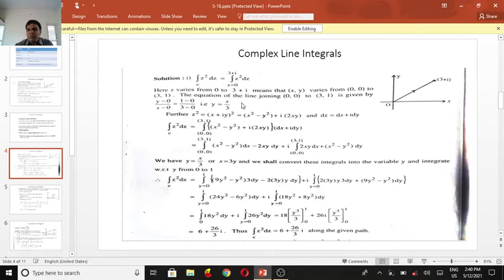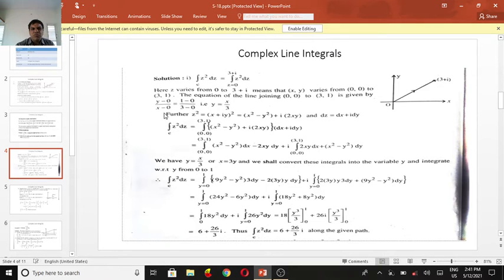Now we make the equation of the straight line using the two points (x1, y1) and (x2, y2). The formula is: y minus y1 divided by x minus x1 is equal to y2 minus y1 divided by x2 minus x1. This is the equation of a line formula.